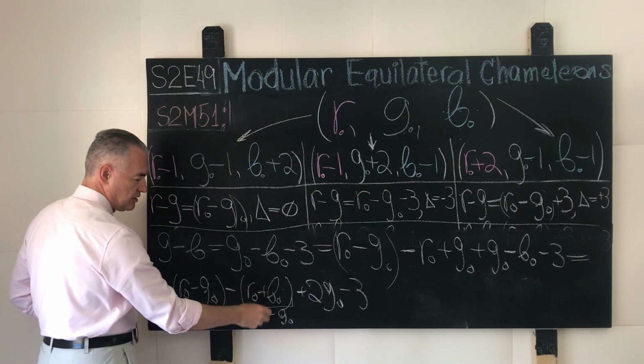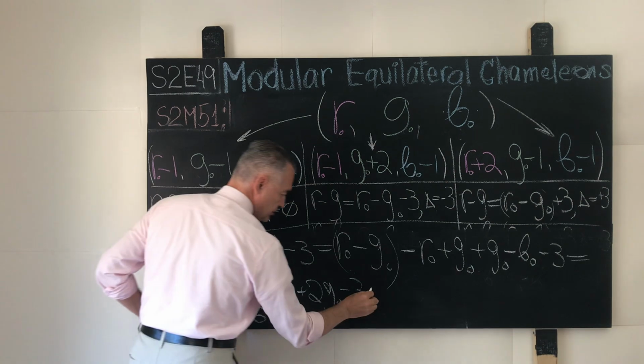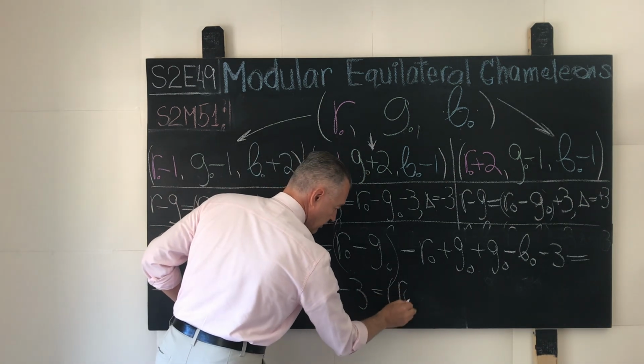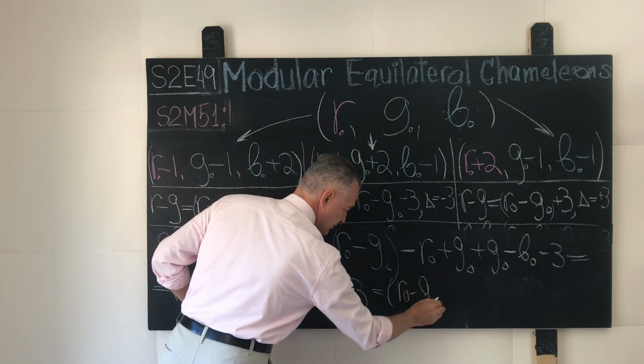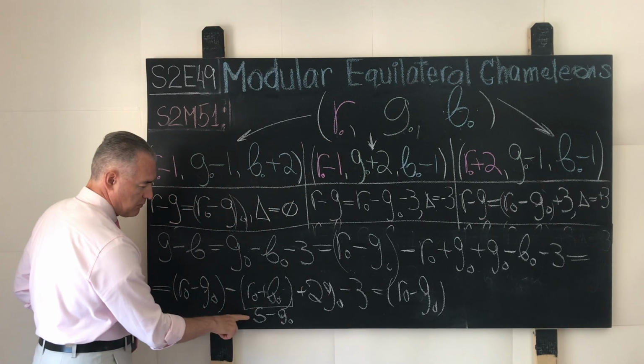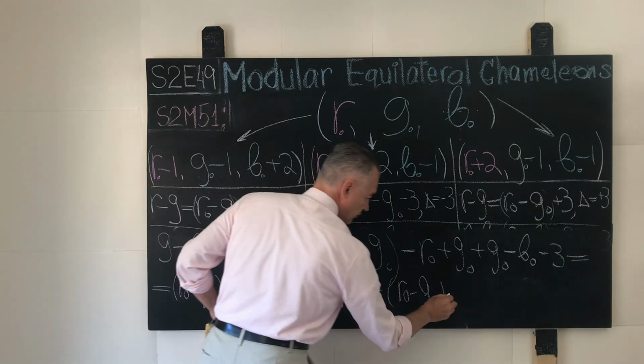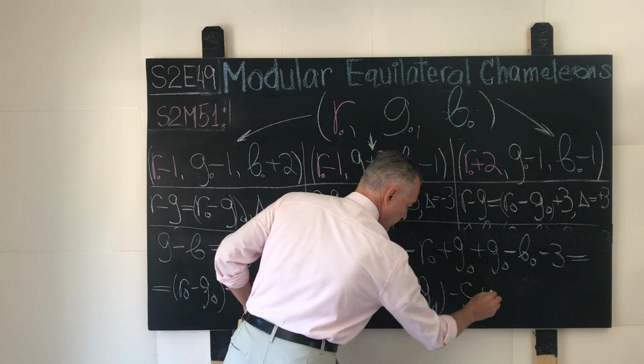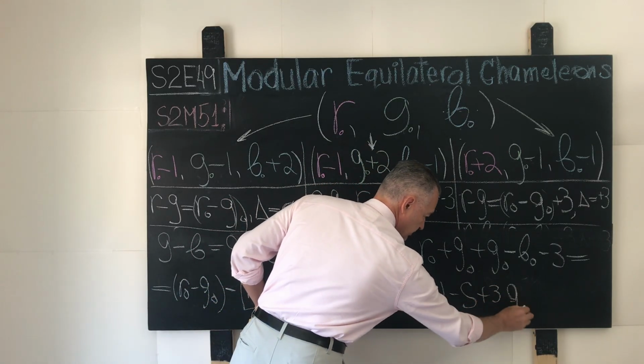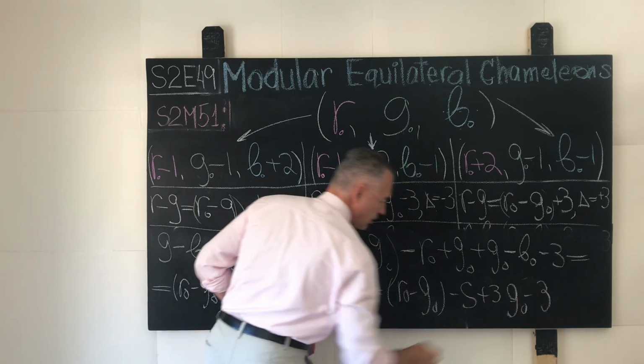Slug it into this relation. What do we have? R0 minus G0 minus S plus G0 plus 3G0. So minus S plus 3G0 minus 3, and voila, look at this.